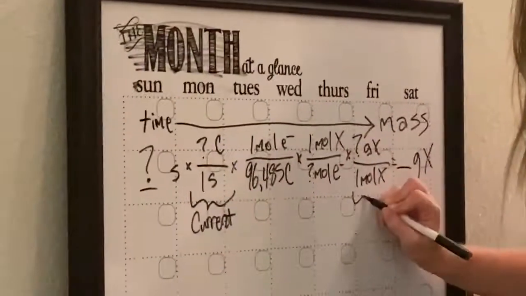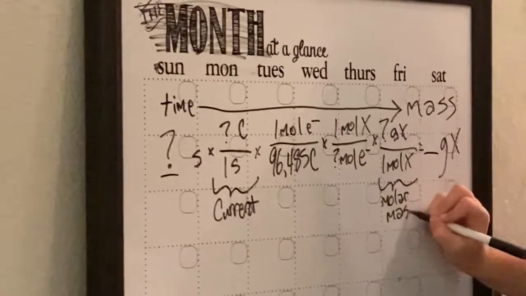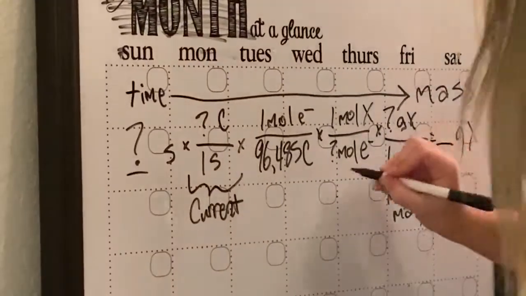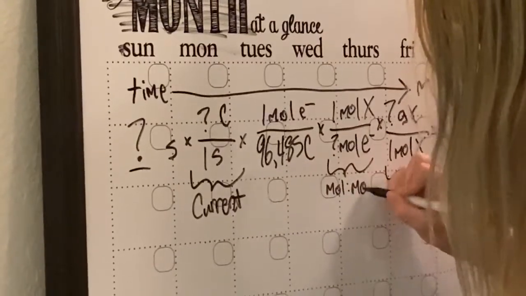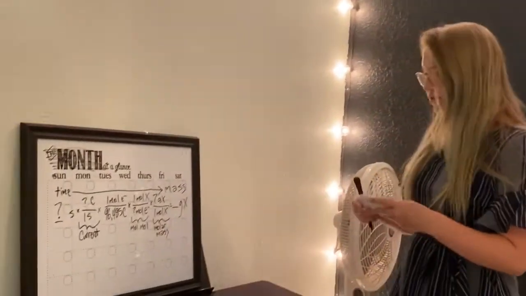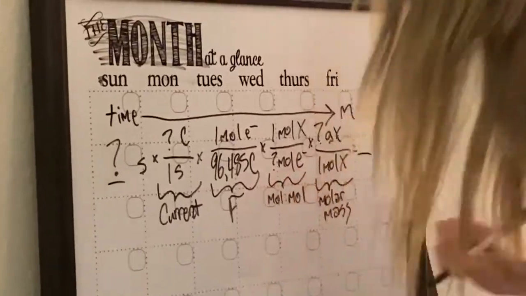This is your molar mass here. This here is your mole-to-mole ratio. That's moles of electrons transferred per 1 mole of X, or whatever substance you're using. And then Faraday's constant, so I'm just going to put F.